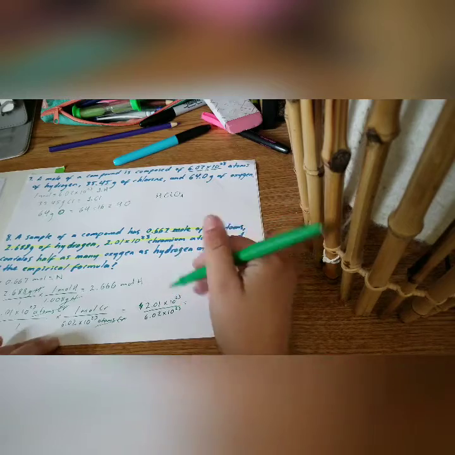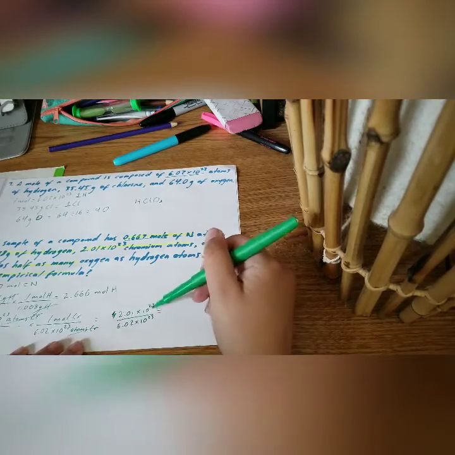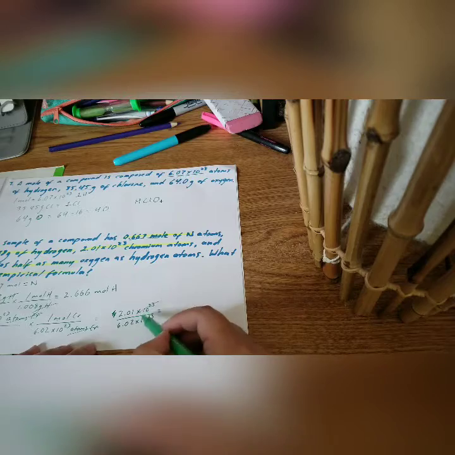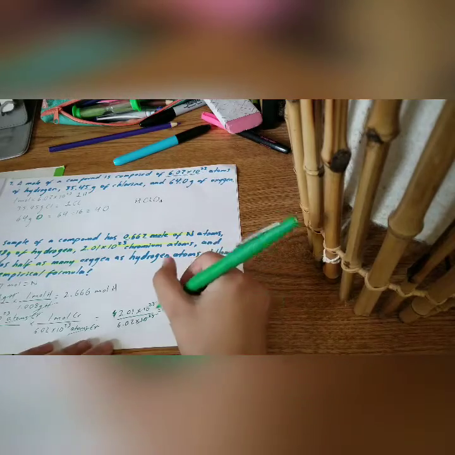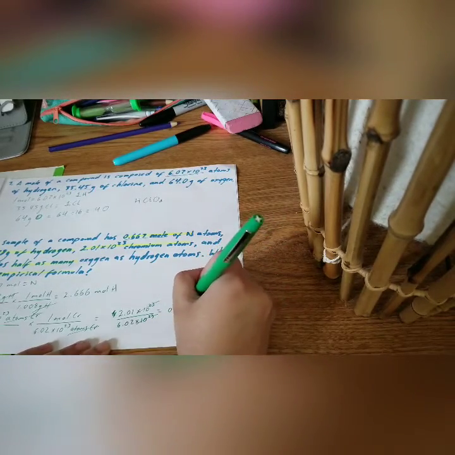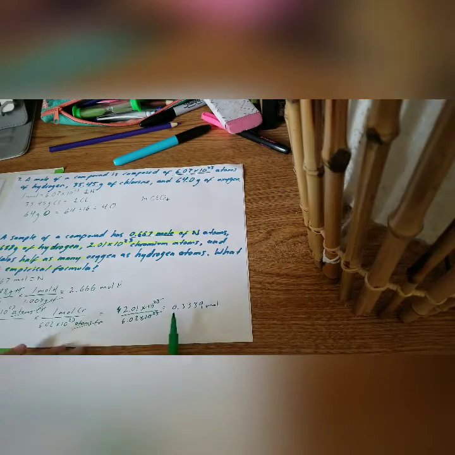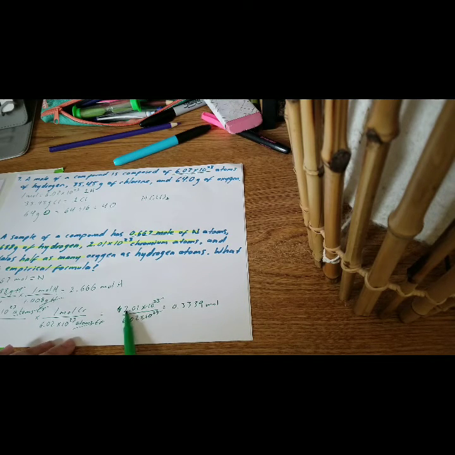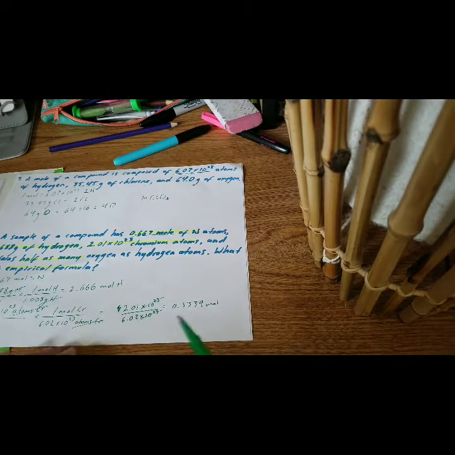So when we have exponents in a fraction, we're supposed to subtract them, right? So 23 minus 23, that's 0. So this immediately is canceled out. So we just have to divide 2.01 divided by 6.02, and that would give us 0.3339 moles. Make sure that you get an answer like this. If you don't recognize this scientific notation well, it could give you a number like 3.3 or something like that, and that would be incorrect.